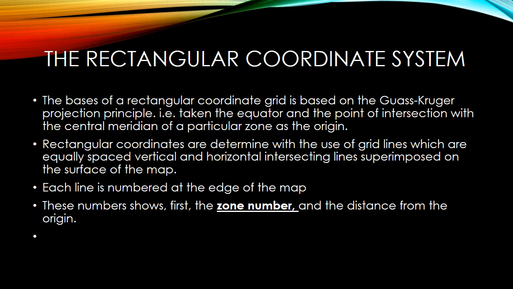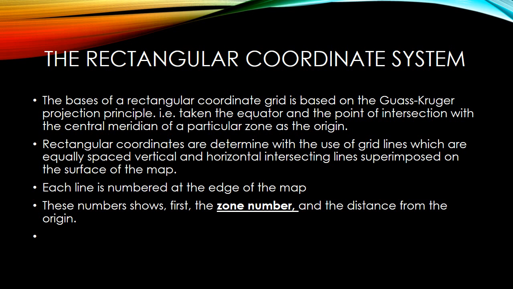The rectangular coordinates are determined with the use of grid lines, which are equally spaced vertical and horizontal intersecting lines superimposed on the surface of the map. Each of these lines is numbered at the edge of the map. So at the edge of the map, you see some marks.